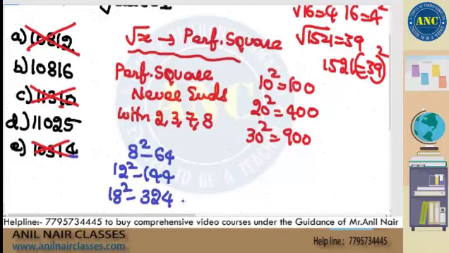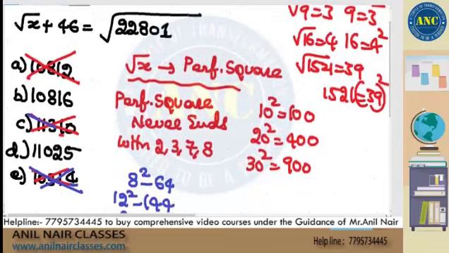Any perfect square ending with 4, tens place should be an even number, but 1 4, it is also eliminated. By knowing the perfect square logics, this is eliminated, and this is eliminated.